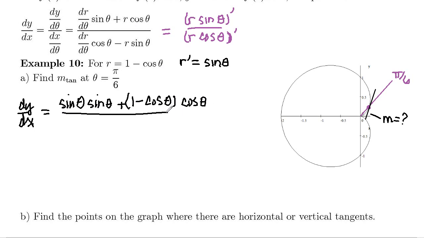And then in the denominator, we've got dr d theta cosine theta, so that's sine theta cosine theta, minus r sine theta, so 1 minus cosine theta times sine theta.